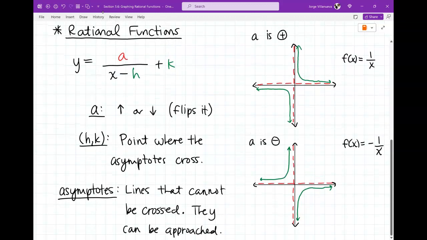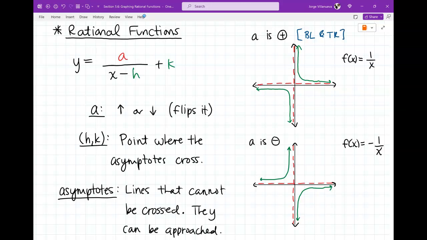So remember, if A is positive, maybe you want to write this down, and I'll put it right here for you so you remember. If A is positive, I'm going to use BL and TR: bottom left, top right.